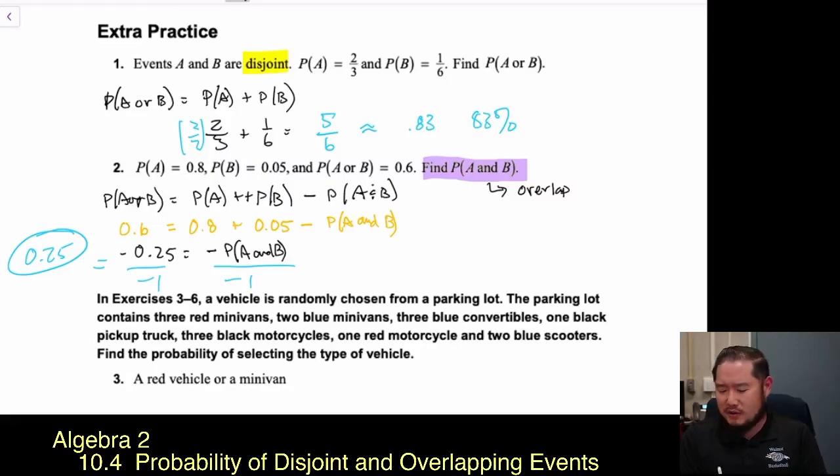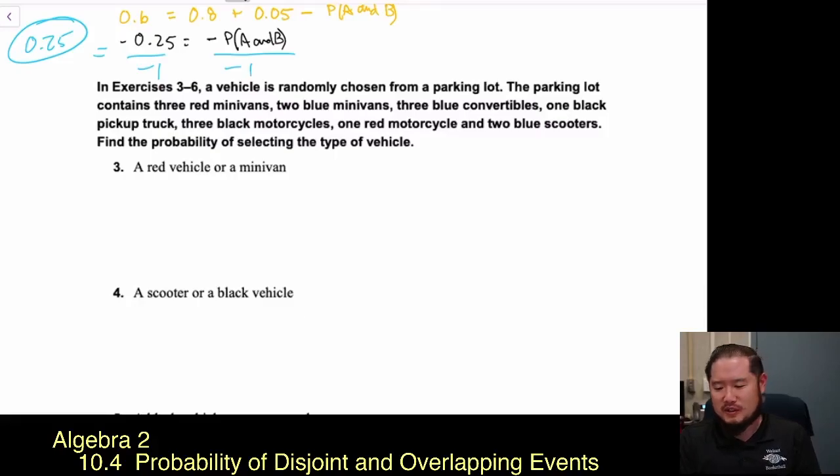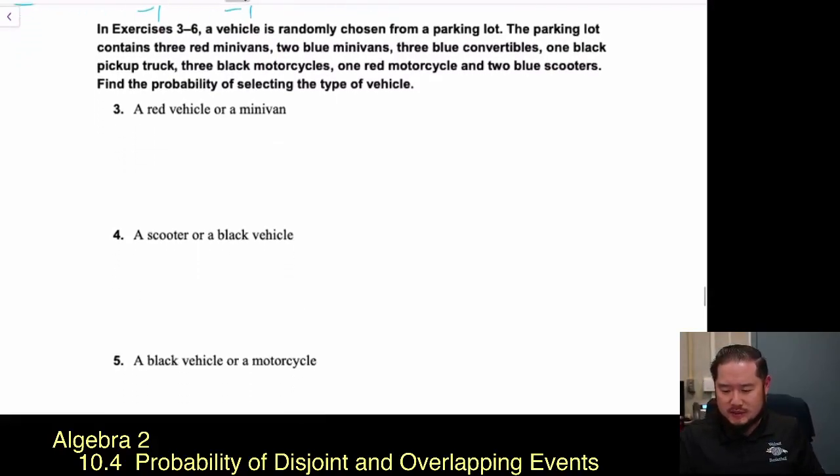Well, we know how to use things when it comes to this equation, but let's put it all together now in a semi-real situation. So let's take a look at exercise 3 to 6. It says a vehicle is randomly chosen from a parking lot.